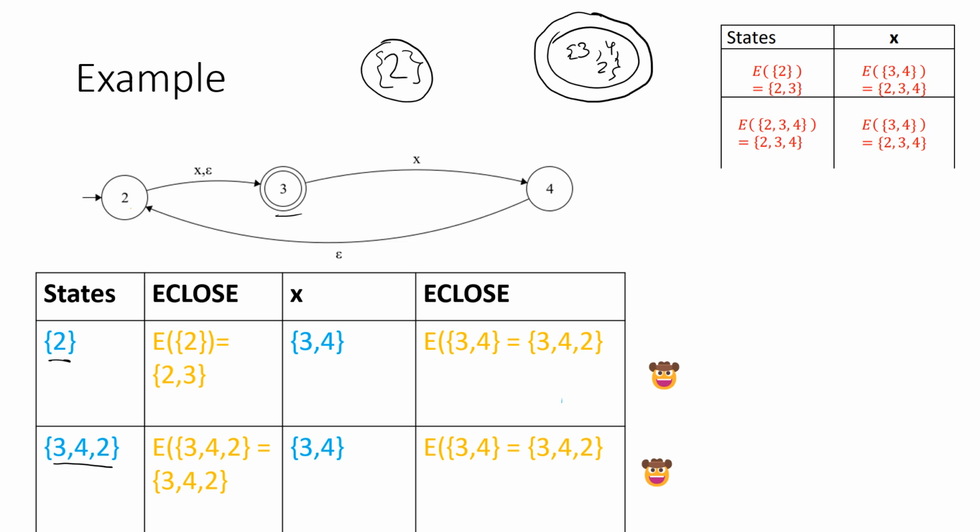And then I'm just going to look at the final thing that you could get to using all the epsilon closures, and I see that from 2, I go to 3, 4, 2 on x, and on 3, 4, 2, I'm also going to just loop back on x, and this is a start state. So that is my DFA that I developed via subset construction, where I did have to think about epsilon closures.